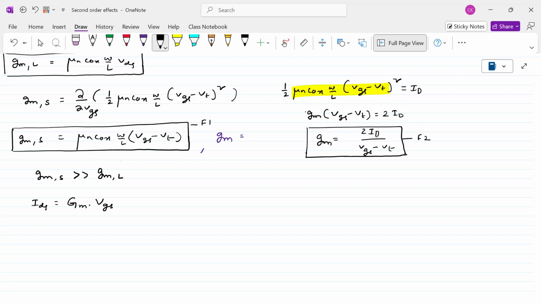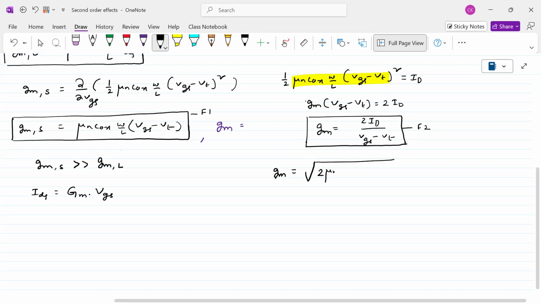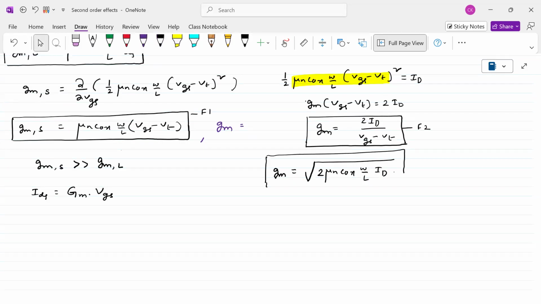The third form is gm equal to the square root of 2 mu n Cox W by L into ID. This is form 3.